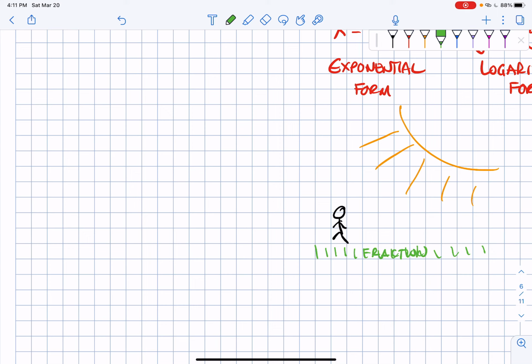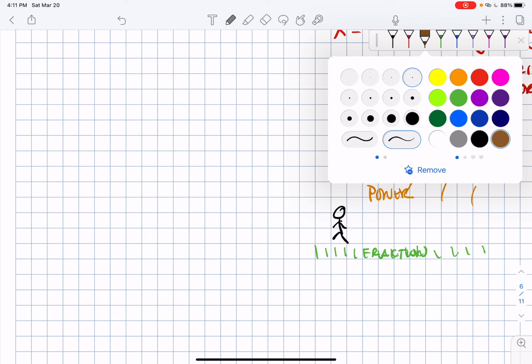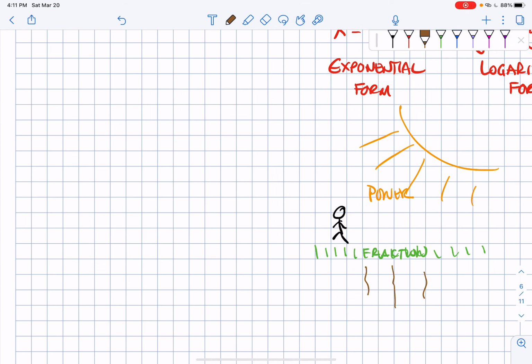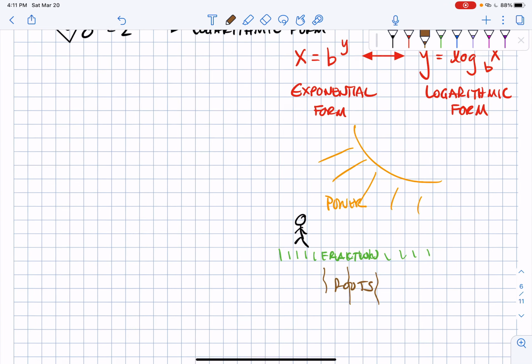Above the fraction is the sun giving me power, and underneath the grass, I'm going to get roots for the grass. So that's the reason why I have that there.